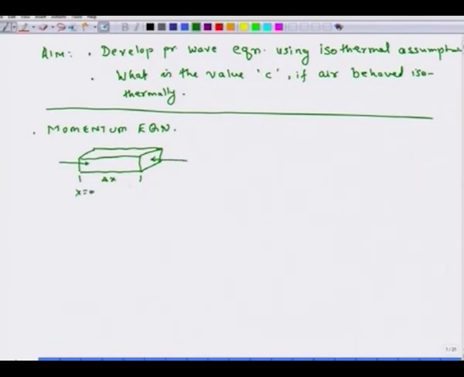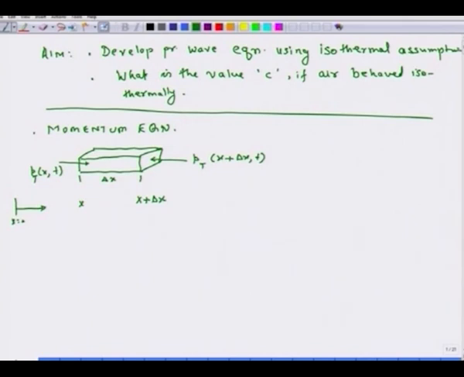Total pressure is going to be a function of x and time. I will just set up my coordinate system here. This is my reference, x is equal to 0. Here the value of x is x, and here the value of x is x plus delta x.